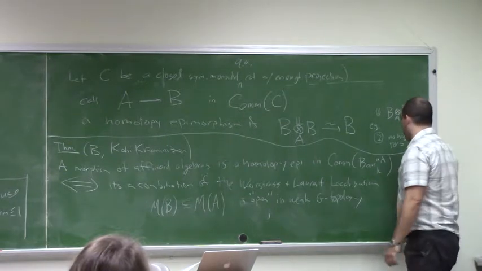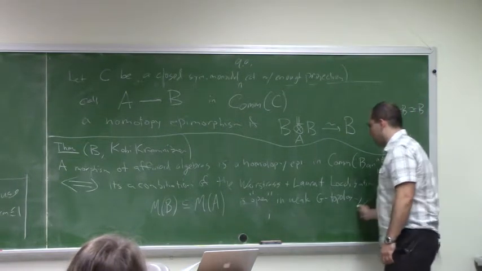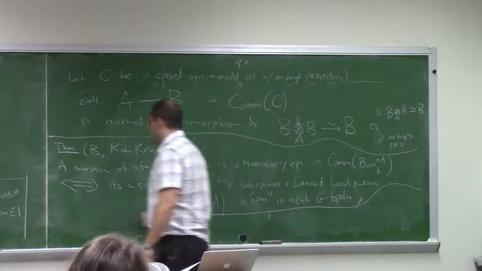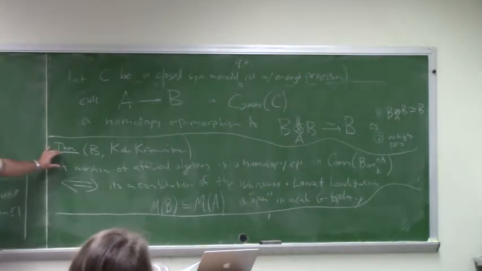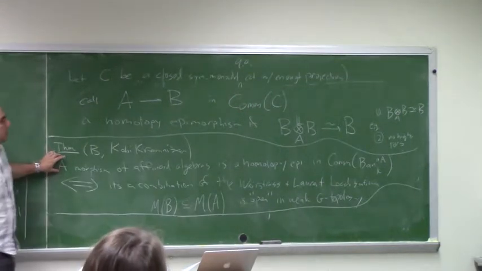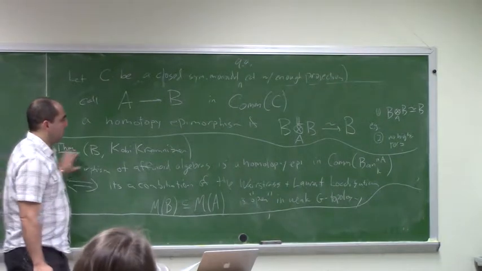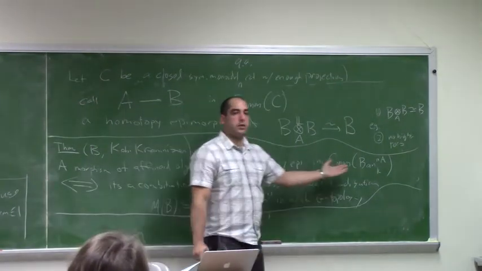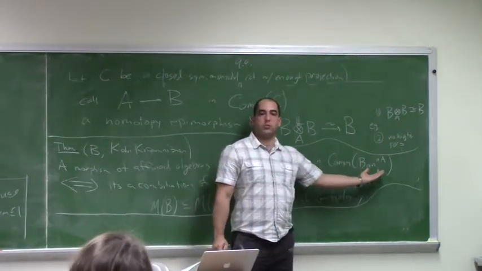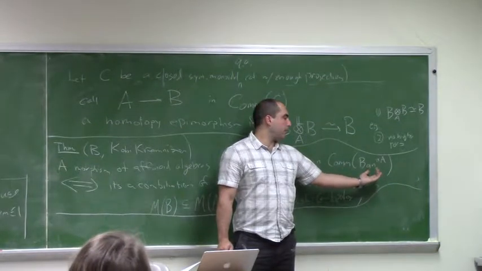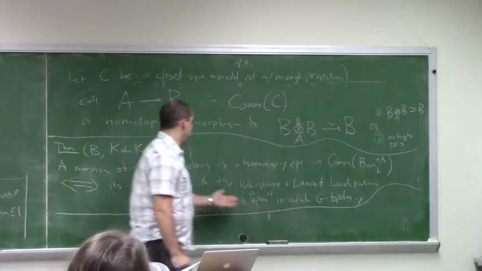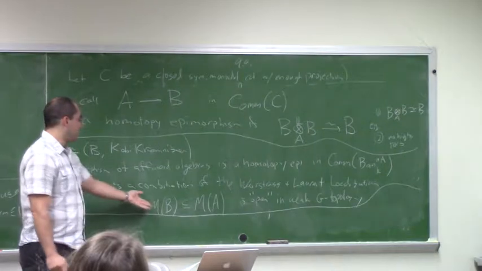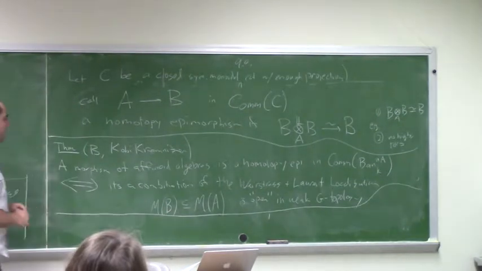So this is an example of analytic and algebraic geometry kind of coming together, because this first condition here makes sense in many different contexts. If I change this closed symmetric monoidal category, I can write here vector spaces. Then, if these are finitely generated algebras, this will be a Zariski open.